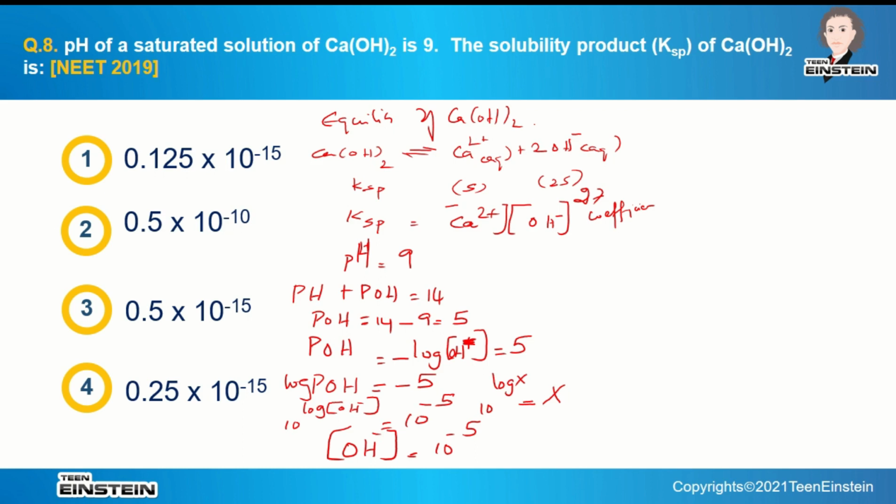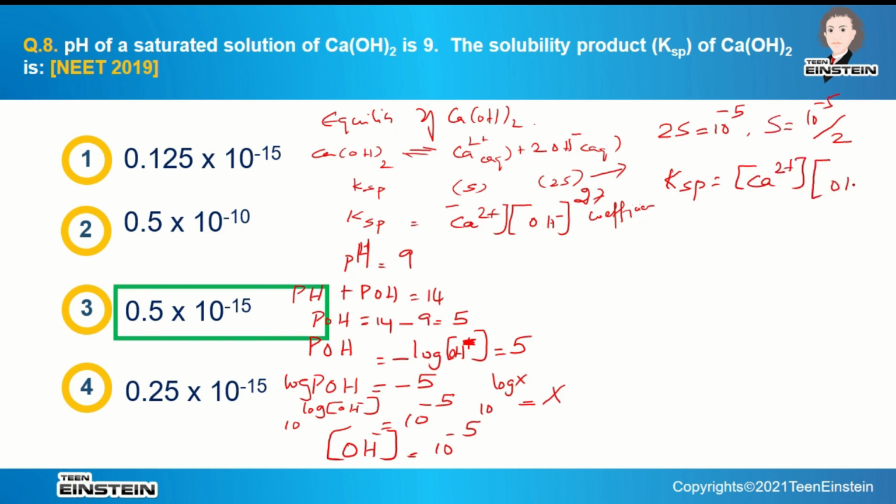So now we come to the equation. Here OH minus is 2s, so 2s is equal to 10 to the power minus 5. So s is equal to 10 to the power minus 5 divided by 2. So let us come to the equation, that is Ksp is equal to the concentration of calcium 2 plus into the concentration of OH minus ion to the power of 2.